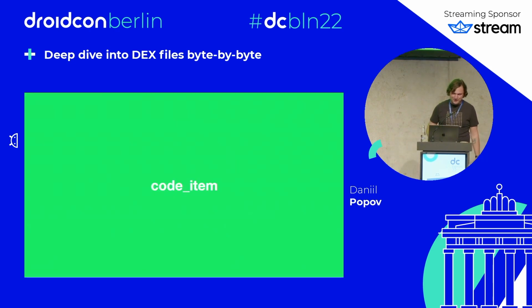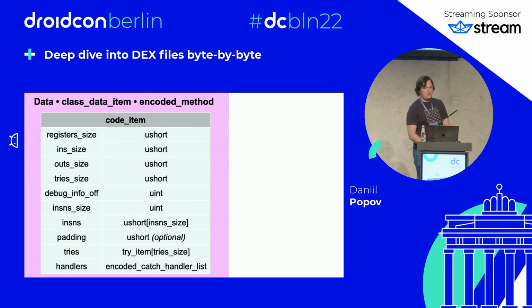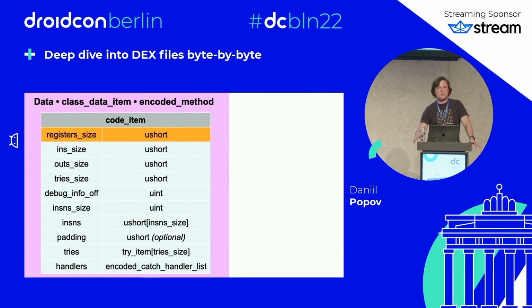Let's have a look. Code item. It's a kind of large structure, I would say, but for me it's very interesting. Remember, this talk was made out of curiosity. And let's observe it field by field. As you might know, the Android virtual machine is a register-based machine, as opposed to the regular Java virtual machine, which is stack-based.